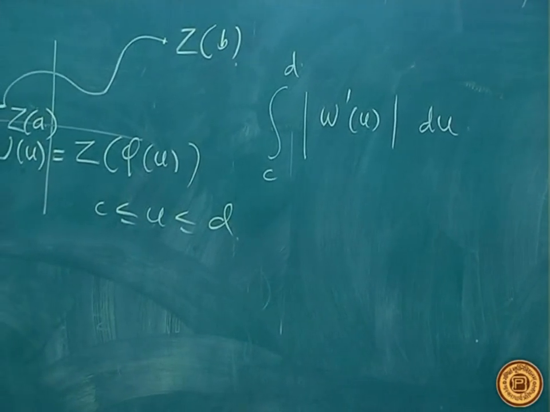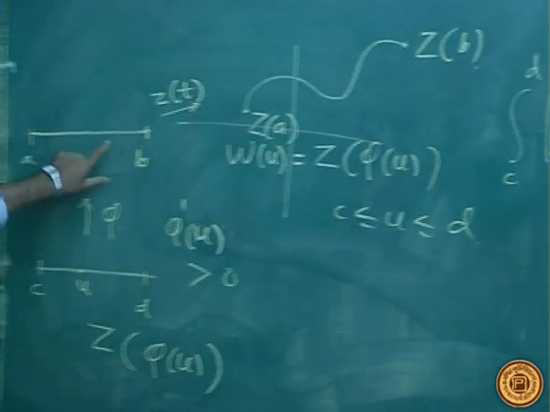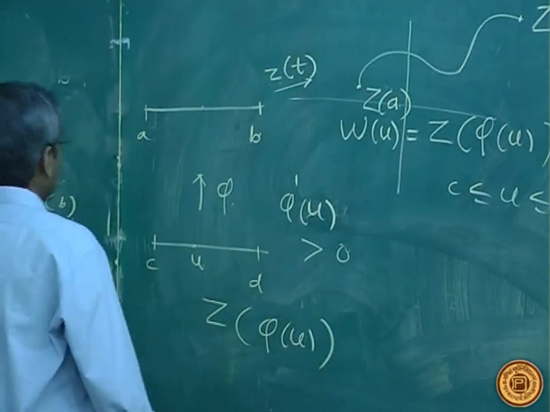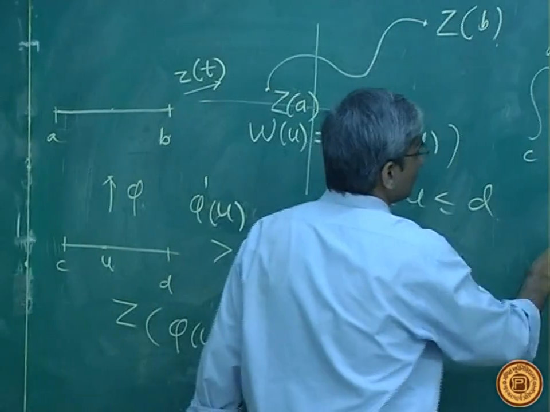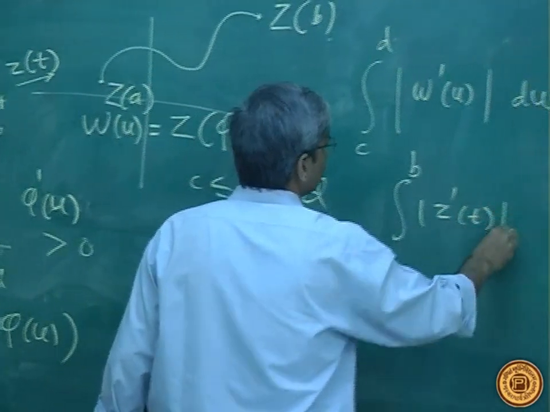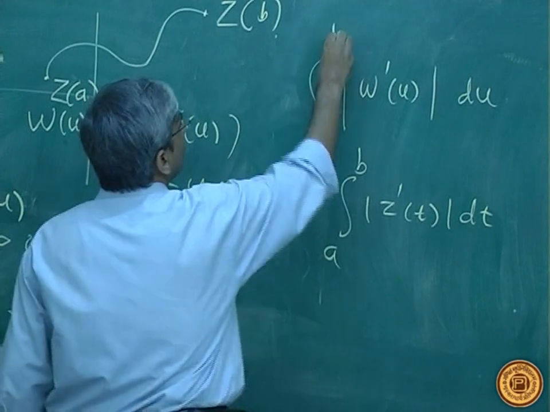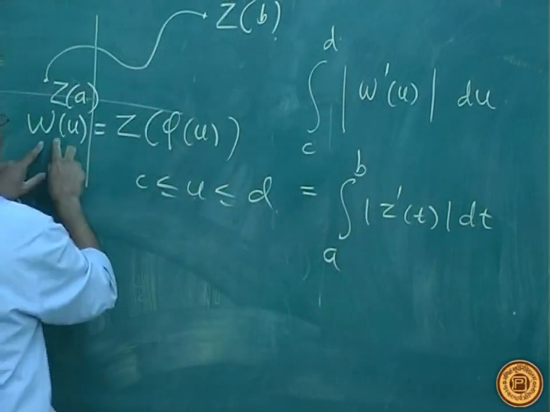Is this clear why it is so? Because if you have the integral from a to b of mod z dash t dt, then that is the same as the integral from c to d of mod w dash u du, where w is this.